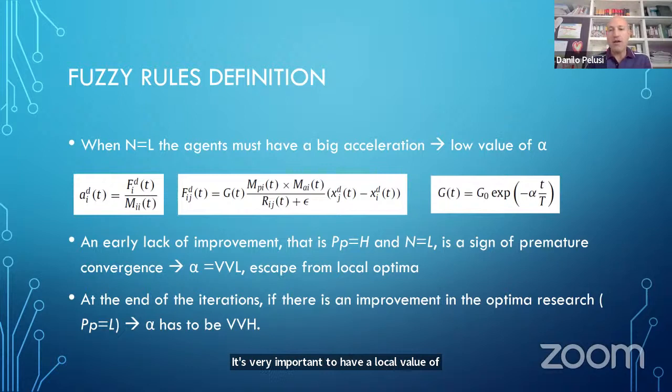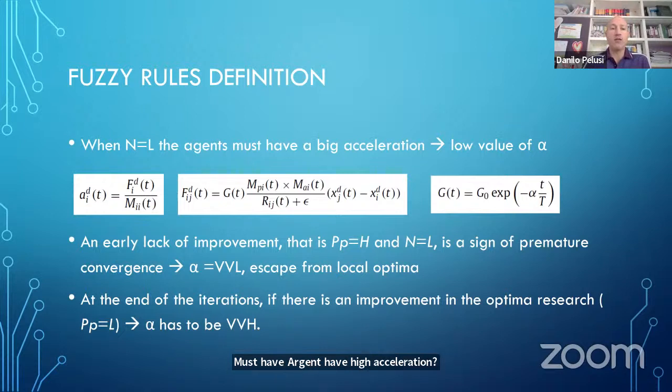In fact, if the value of alpha is low, then the value of G(t) is high. So the value of the interaction force is high, and so the value of acceleration is high. In this way, our agents have high acceleration.